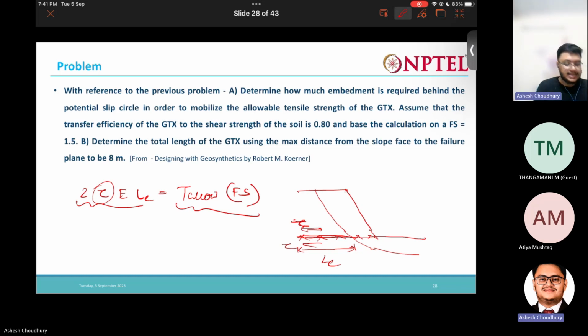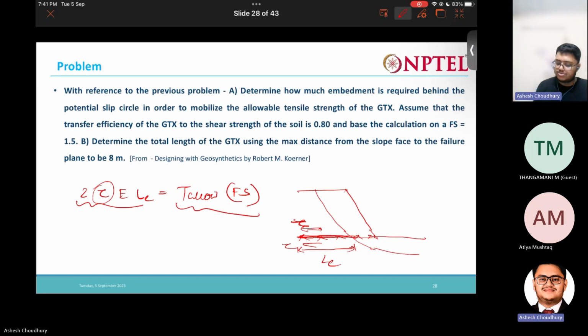This concentration actually reduces with increase in embedment. But in our case, we are considering that the shear strength will be linearly mobilized along this embedment length.